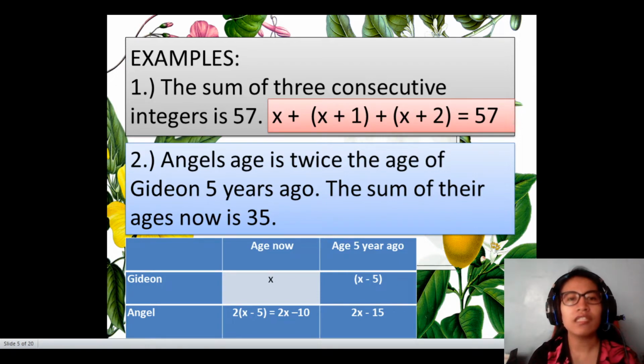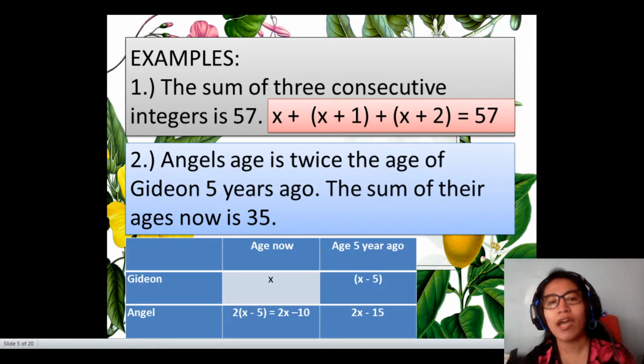Because it says there, Angel's age is twice the age of Gideon 5 years ago. So we know about Angel, but we don't know about Gideon. So we let the age of Gideon as x. Then, twice. And 5 years ago means minus 5. So we have now 2 quantity x minus 5.